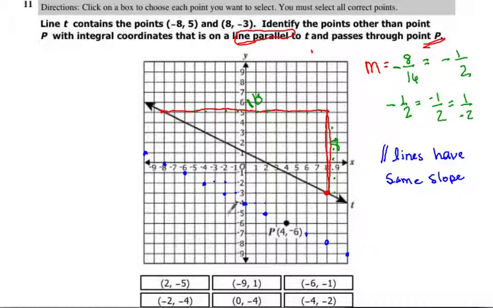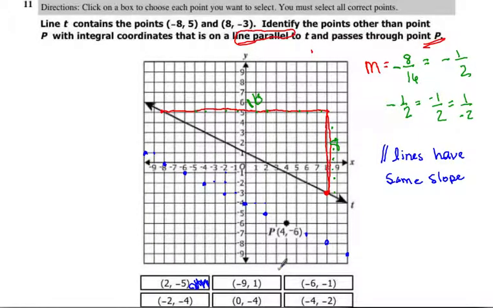Now I'm going to check and see which of those coordinates are on this line. (2, -5), yes, so I would check that. (-2, -4)? It's (-2, -3), so that would be a no. (-9, 1)?